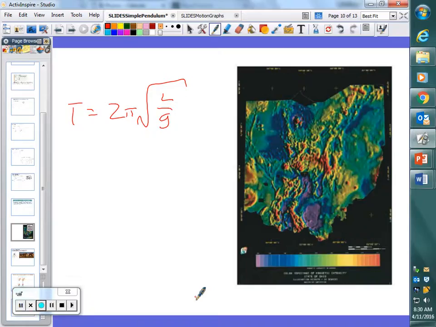In reality, the amplitude of the motion decreases. The distance that it moves from the equilibrium point keeps becoming smaller and smaller. And we have a name for that. It's called damping.